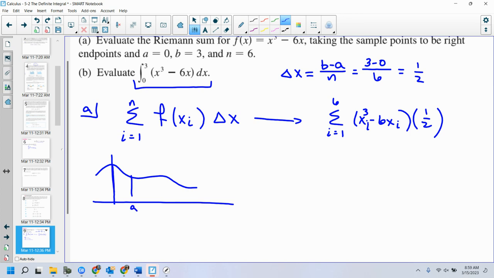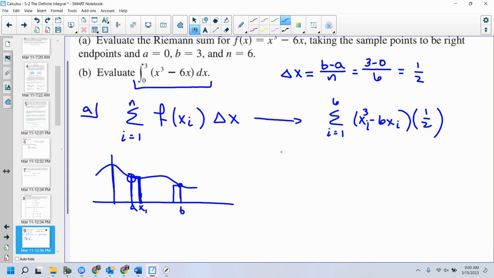And I'm using right side endpoints from A to B. Am I going to be using the y value here? If it's a right side endpoint, am I using that y value? No. What's the first y value that I'm going to use? x1, right? That's the first y value that I'm going to use because that's my true right side endpoint. Am I going to use B? Yeah. Right? Because that's a right side endpoint. So you just got to think through it logically.